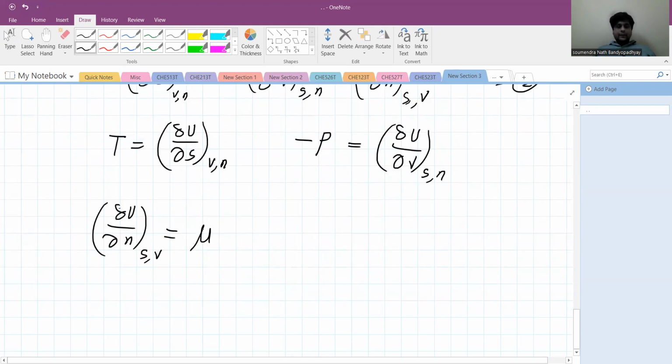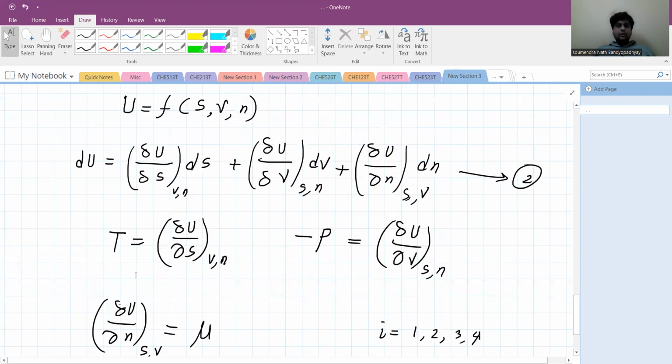Now obviously in a system there can be multiple constituents present. Let the constituents be i, where i stands for 1, 2, 3, 4, etc. Say in a solution there is water, salt and sugar, so there are 3 constituents.